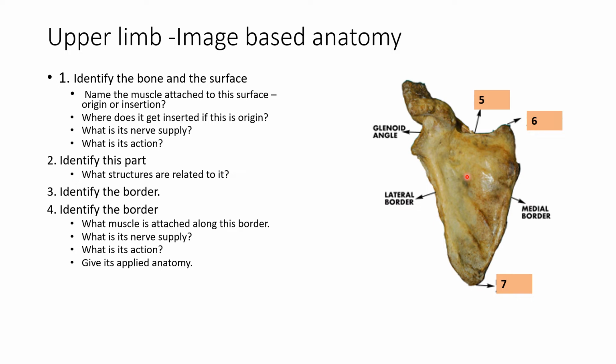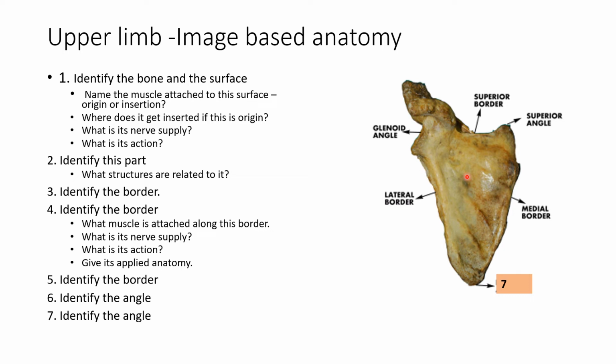Now let us complete the other components. So what is that border? We have seen the lateral border, medial border. The third border that is remaining is the superior border. Then we have seen the lateral angle or glenoid angle. And what is this one which you will be seeing? This angle which you are seeing is the superior angle. Then what about the 7th point?